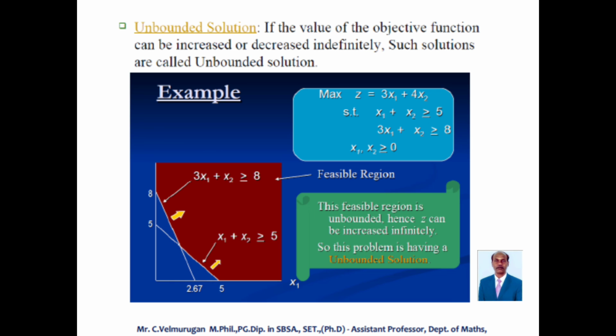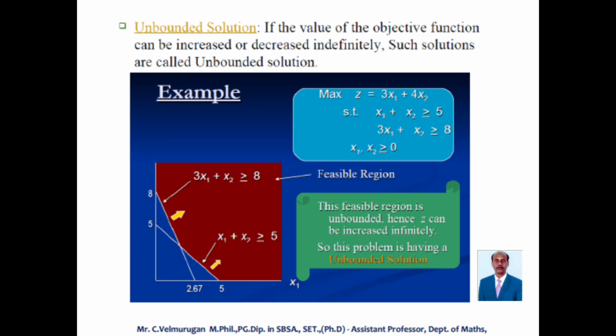Minimize we can find, but our objective is to find the maximum value, and because the upper bound of the region is unbounded, we cannot find the solution. The feasible region is unbounded, hence z can be increased infinitely.